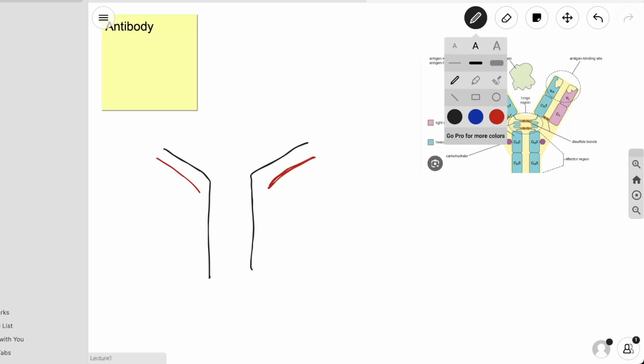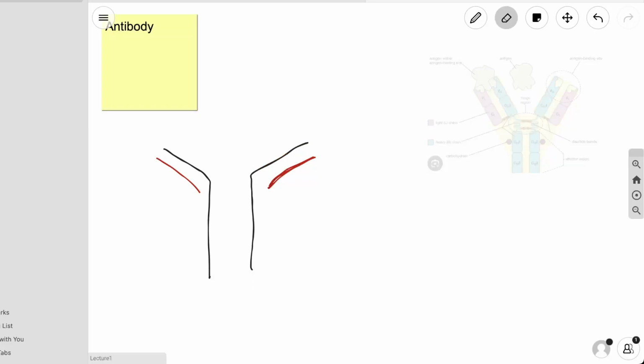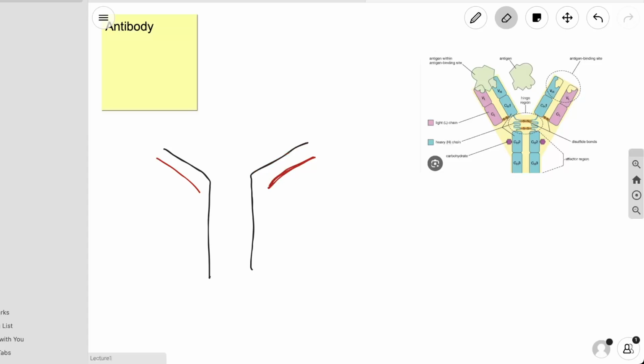I know you may be thinking it is towards this large, wide area. No, the antigen is not there. The area that holds the antigen is this area. The antigen can have different shapes, and it is held towards this region.